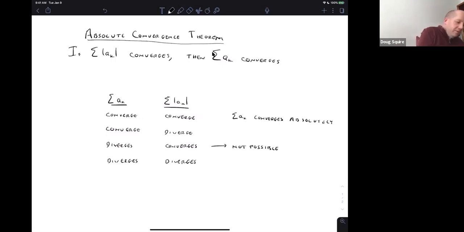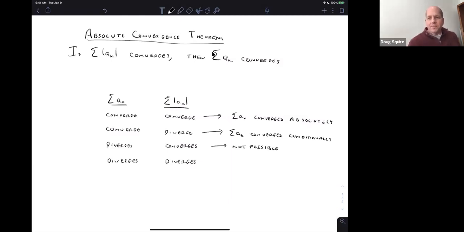So if a series converges and its absolute value converges, then we say that the series converges absolutely. If the series converges, but when you take the absolute value, it diverges, then the original series converges, but we say that it converges conditionally. That means that when you do have the negative terms in there, it converges, but if you make everything positive, that makes it too big and then it diverges.